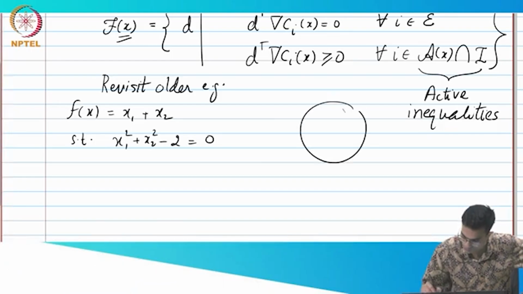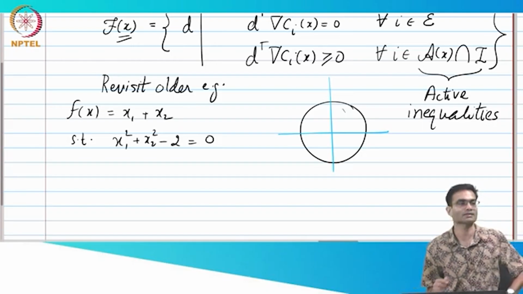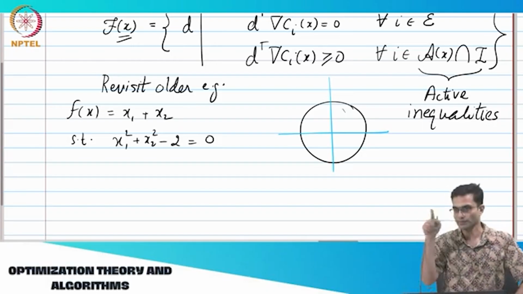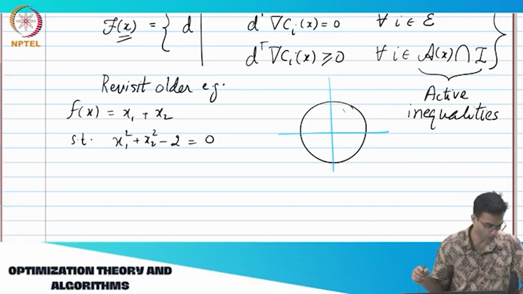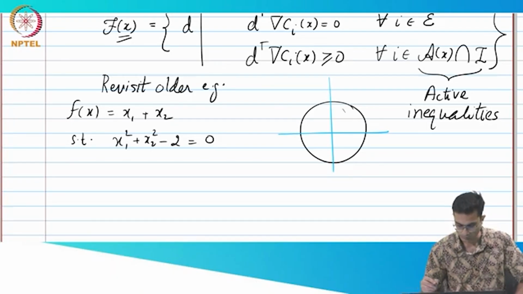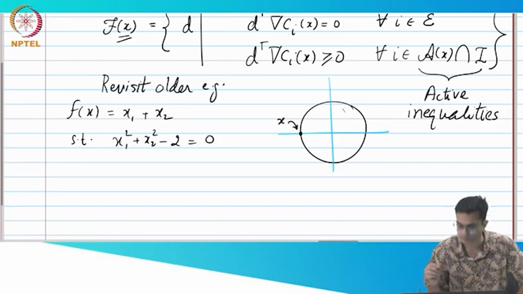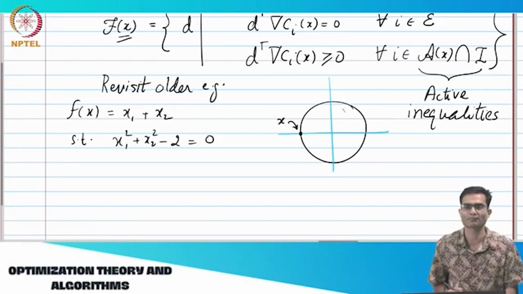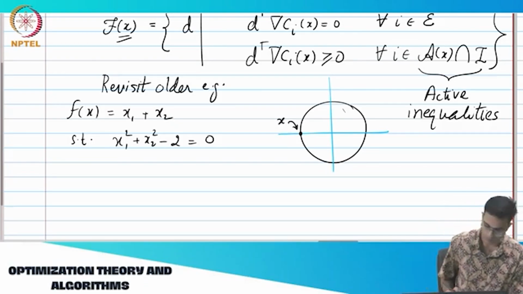Let's draw this. The feasible set is the border of the circle. Now let us work out, for example, this point over here. I am purposely not taking the solution, just to make it a little more interesting.